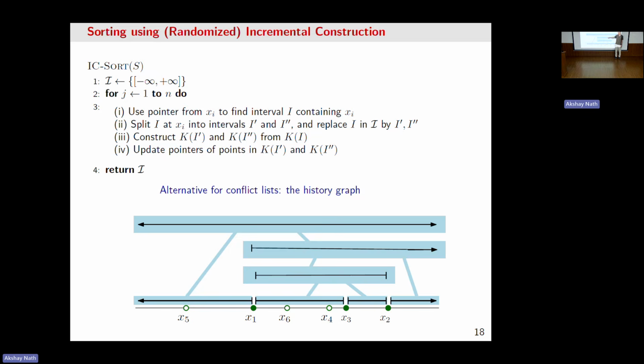It had the conflict list of this guy. And when I inserted x2, I was looking at everybody in the conflict list and saying, do you have to go left or right? Including x4. I was looking at x4 and I was saying, oh, you have to go left or right.